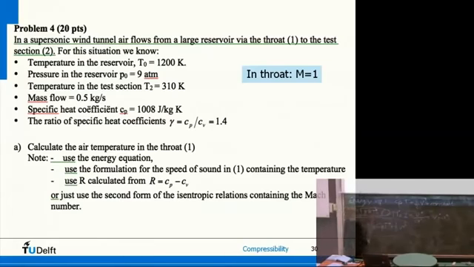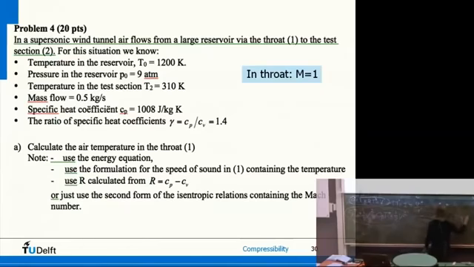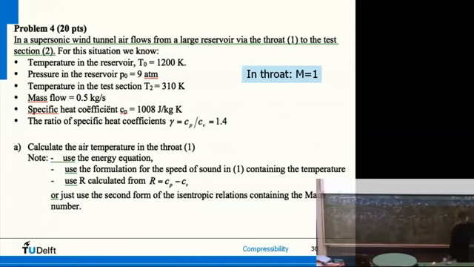So we just substitute. We have V star is equal to square root of gamma R T star, or V star squared is gamma R T star. So we substitute that into this one. So we find C_p T0 is C_p T star plus a half gamma R T star, which is T star times C_p plus gamma R over 2.